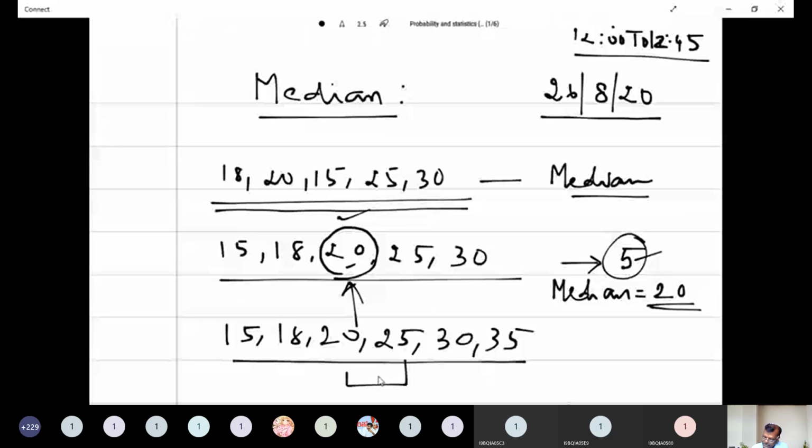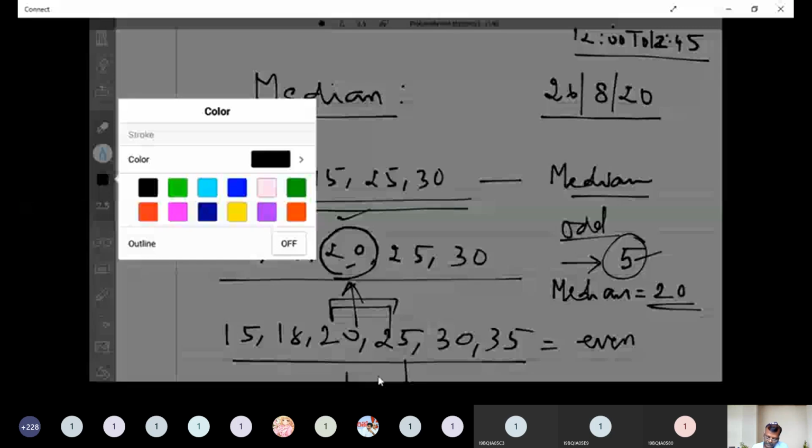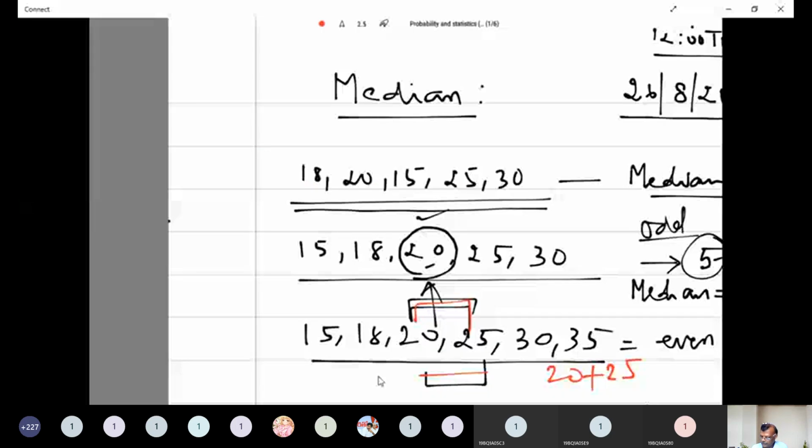If the number of observations is even, we take the average of these two numbers, that is 20 plus 25 by 2, which is equal to 22.5.